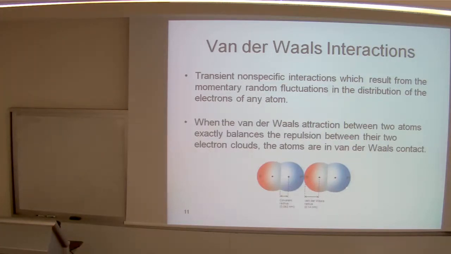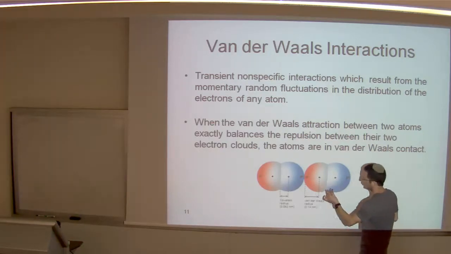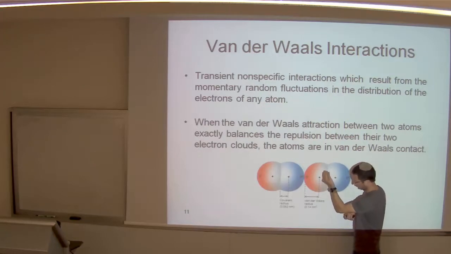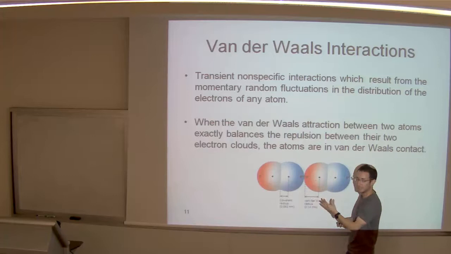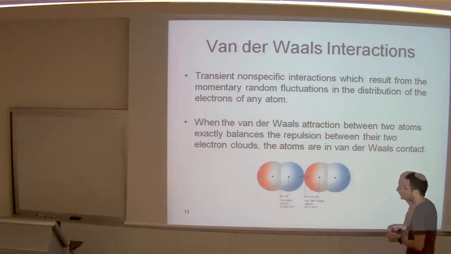These two species will attract each other up to the point of what is called the van der Waals balance point, where the attraction between the two opposite charges is balanced by the repulsion between the two electron clouds. This is what we call the van der Waals contact point, or van der Waals balance point.